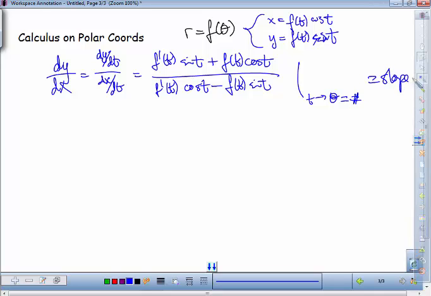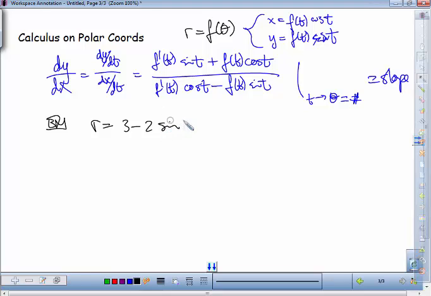Right? So let's look at one of those interesting graphs that we had. Not the cardioid, but the limaçon, the one with the hole in it. So let's say r, remember what that was? Like 3 or something minus 2 sine or cosine?